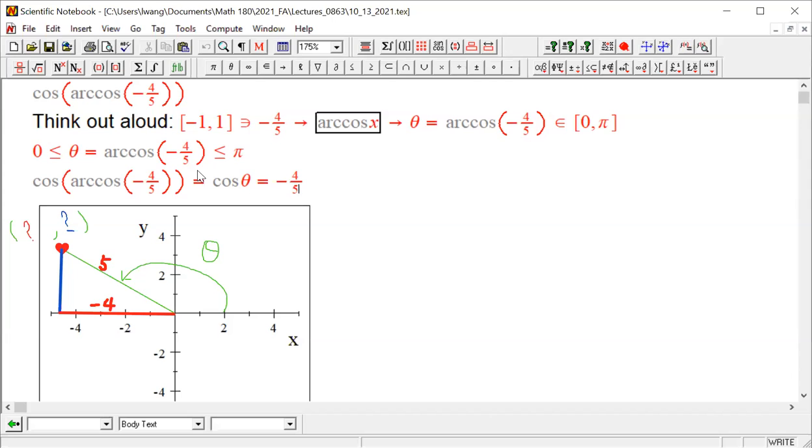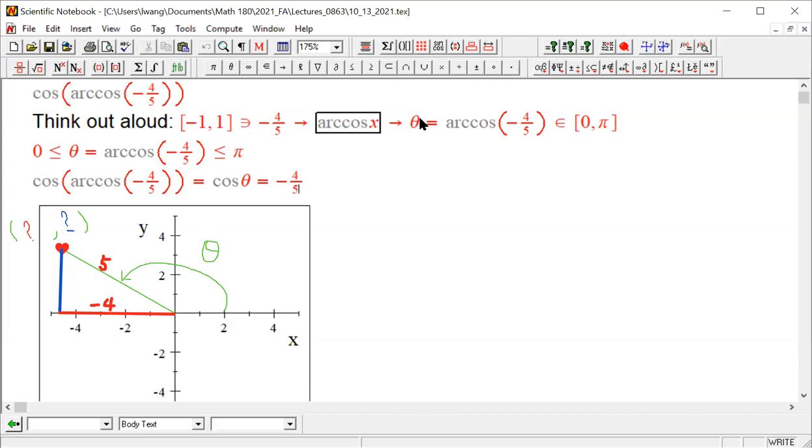I'm addressing this because you are going to be using this method in Calc 2. There might be variations of it. Certainly, there are lots of variations. For any algebra question, you have many different ways to deal with it.